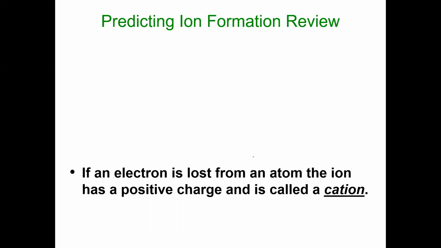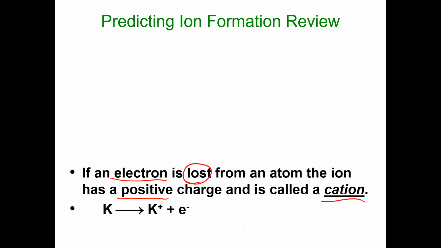So basically, if you lose an electron, you're going to lose negativity, you're going to become positive. That's called a cation. Why? Cat, paw, positive. So here I have potassium. It's in group 1A. You're looking at your periodic table, the first column, 1A. What does it do? It'd rather lose 1 electron and become like argon than try to steal all those other electrons to be like krypton.